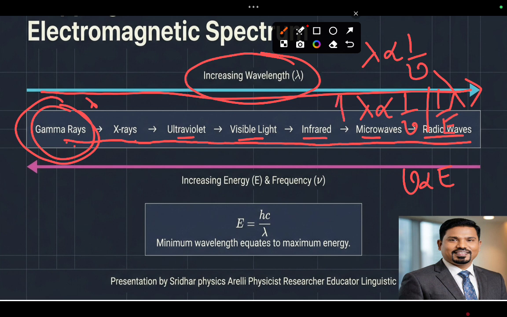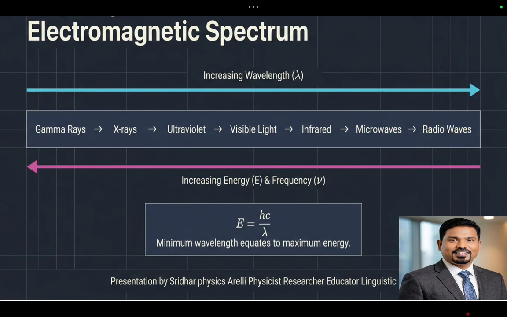That means if wavelength increases, energy and frequency both decrease. So if we shift from radio waves to gamma rays, energy is increasing and frequency is also increasing.